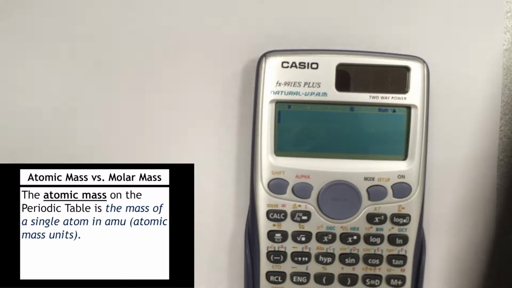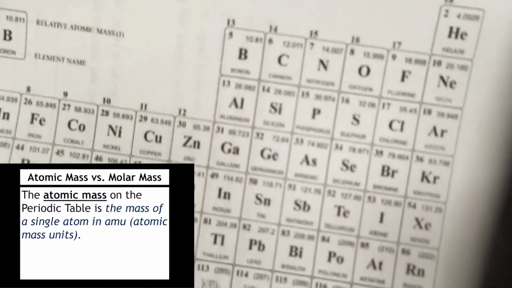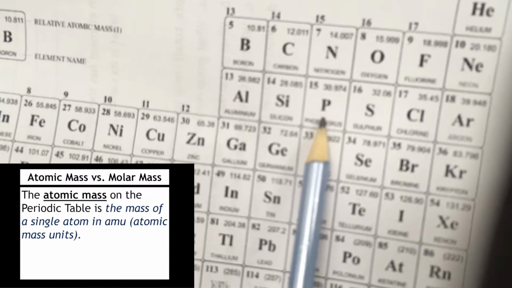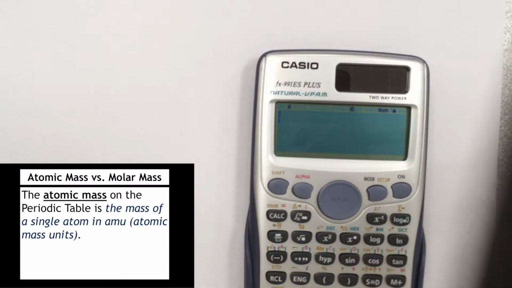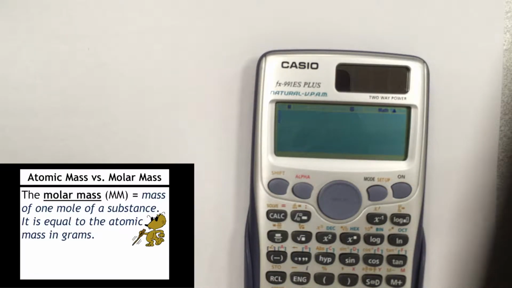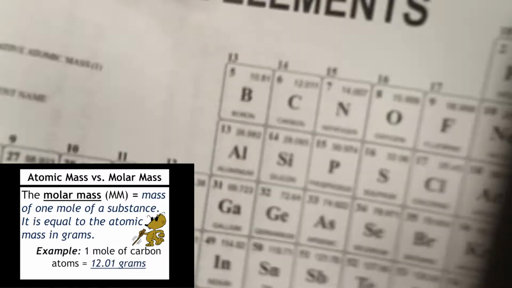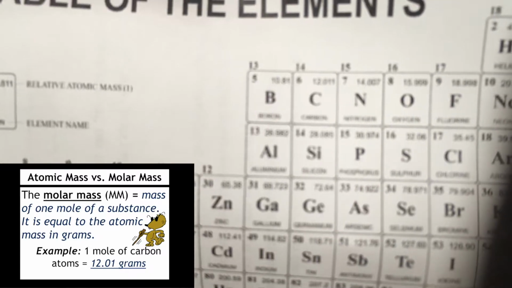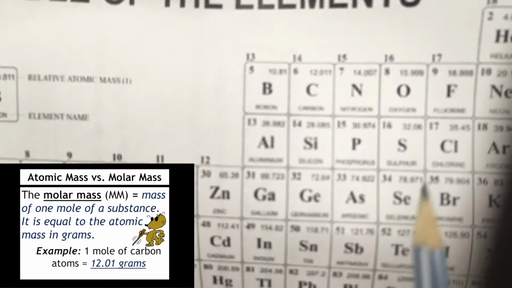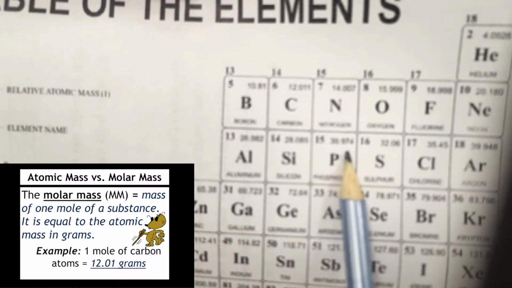So for example, the atomic mass of, let's say, phosphorus is going to be 30.974. Whereas if you look at the molar mass for phosphorus, it's also 30.974.